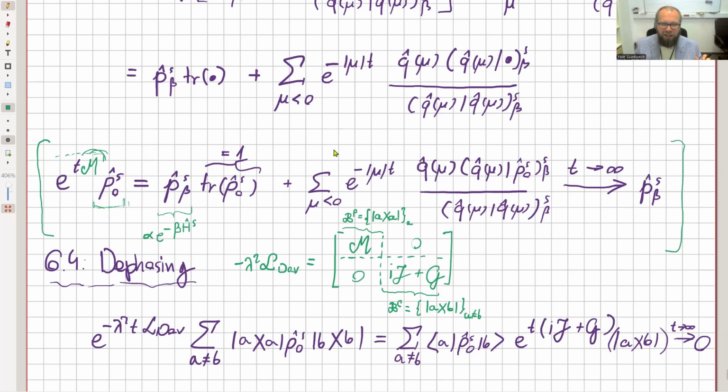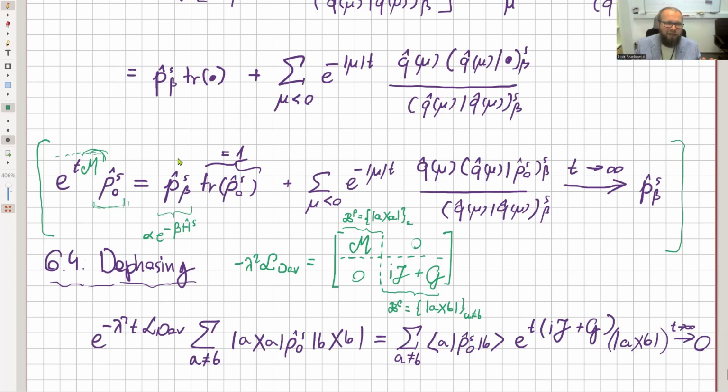And things to note that we found out: M always has one eigenvalue 0, which corresponds to the steady state solution for this master equation, for this map.